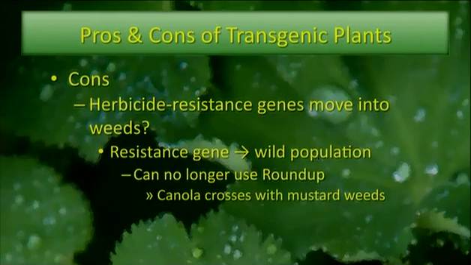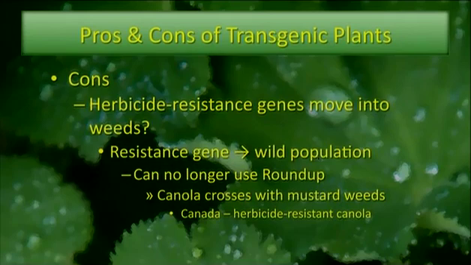Canola can cross with mustard weeds, wild mustard, and in Canada they found herbicide-resistant canola invading wheat fields, so they can't use Roundup on them anymore because they're resistant. That has actually already happened.